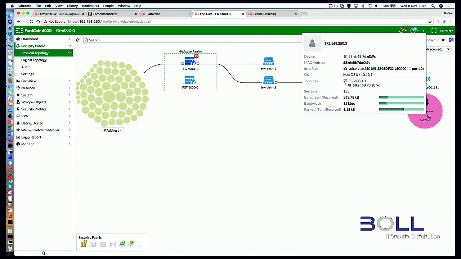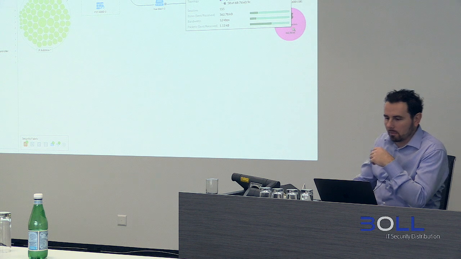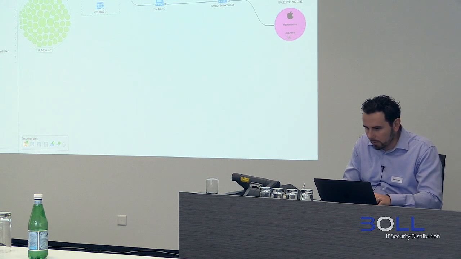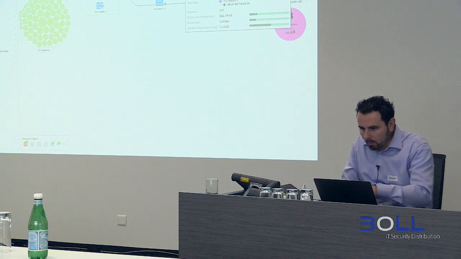That's what I was showing you just in the slides, right? So the moment you have the device detection, you really see in the security fabric all the information of the device, right?